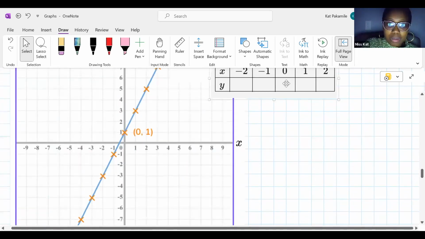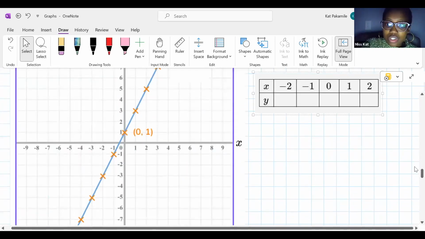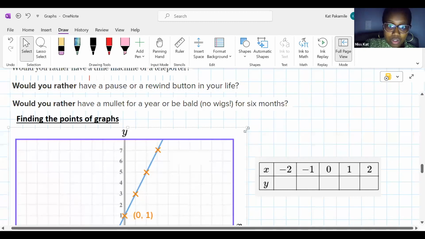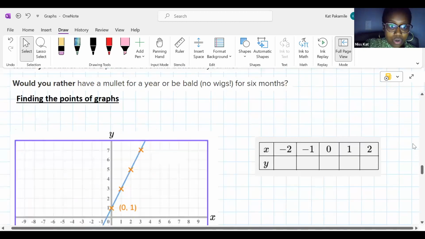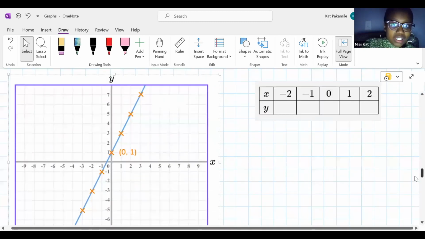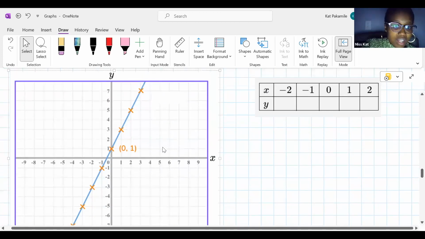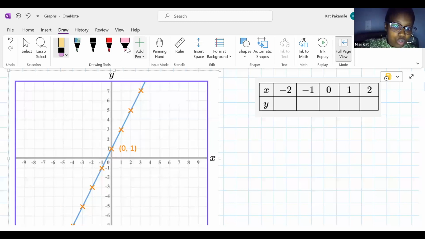It's already been plotted. Now I need you to tell me where x is -2, what is my y value? Do we remember how to do this? I hope so. I made it too big. Where x is -2, what is my y value? First, you have to look for where x is -2. It's over there. So what is my y value for that point?